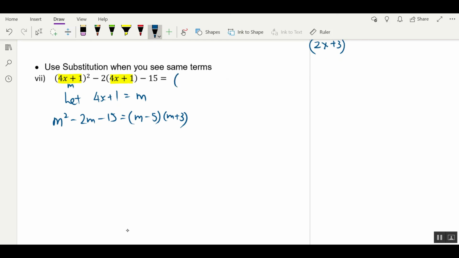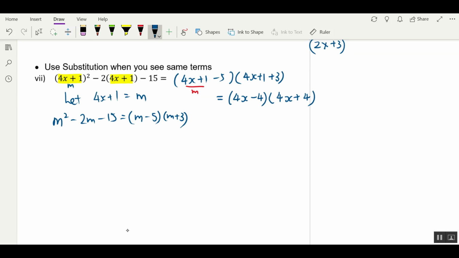So this guy equals 4x plus 1 minus 5, because this guy was m. And then you put 4x plus 1 plus 3. Okay? And now we tidy up the terms inside the bracket. This will be 4x minus 4, and then this will be 4x plus 4.